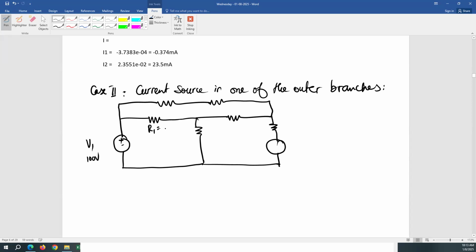This is R1, 100 ohm, R2, 300 ohms, R3, 400 ohms, R4, 900 ohms. And let's say this is a current source. And let's call it I source.